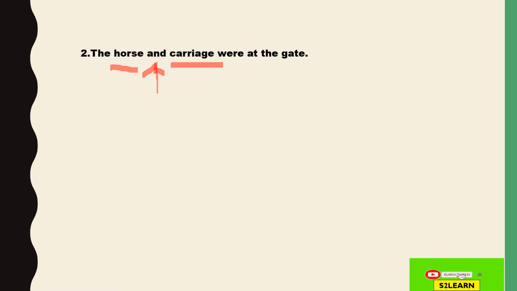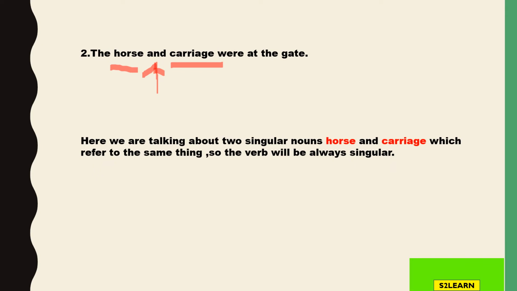Horse and carriage are related to the same thing. So the verb will always be singular. This is according to the rule of subject verb agreement. Here we are talking about two singular nouns, horse and carriage, which refer to the same thing. So the verb will always be singular.